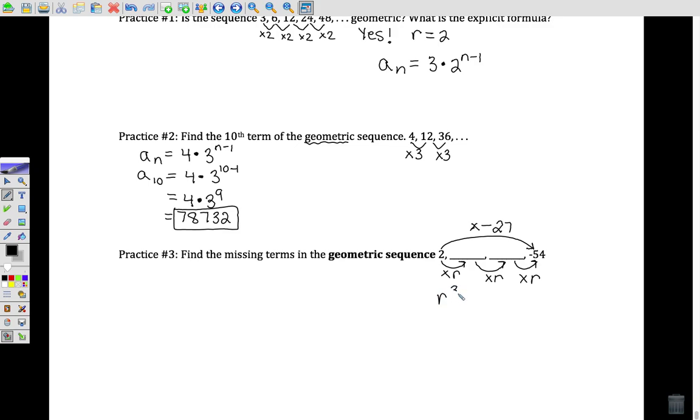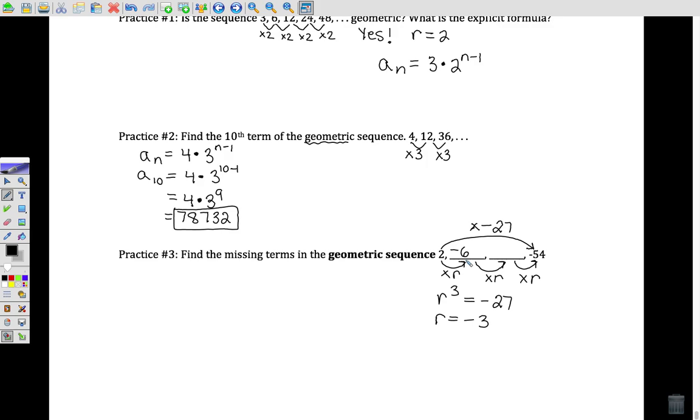So this means that r cubed has to be negative 27. Well, if I take the cube root of both sides, r turns out to be a negative 3. So if r is negative 3, to get from one term to the next, I always just multiply by negative 3. So 2 times negative 3, negative 6.